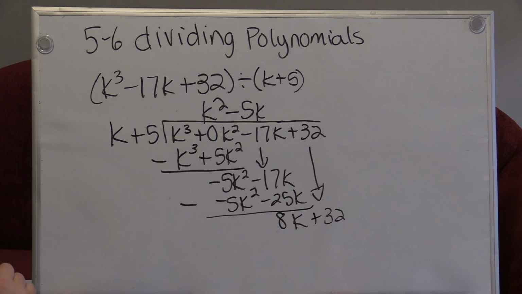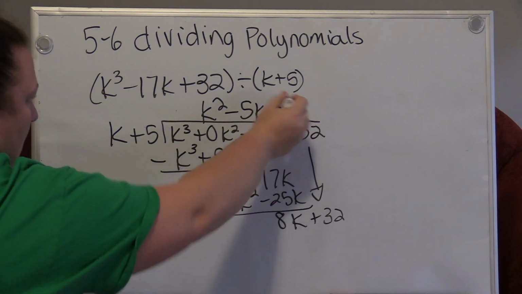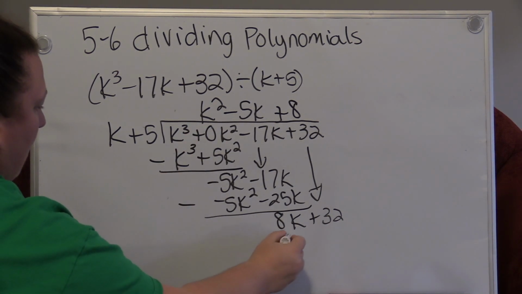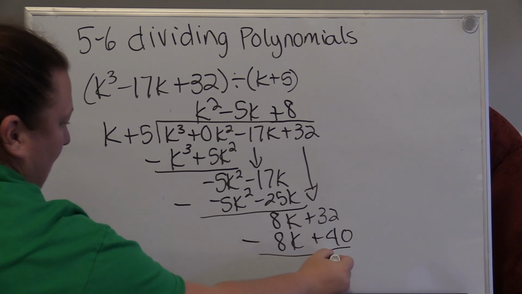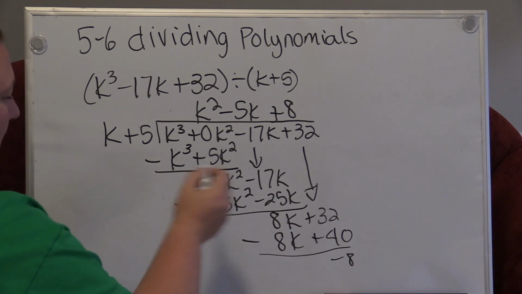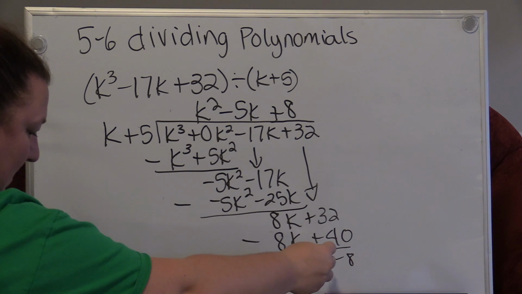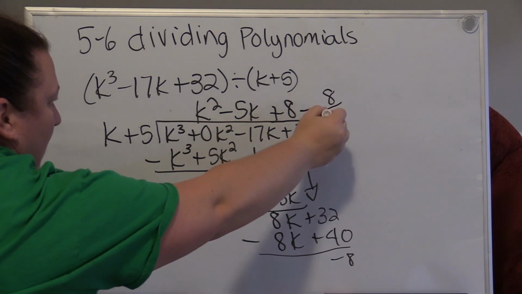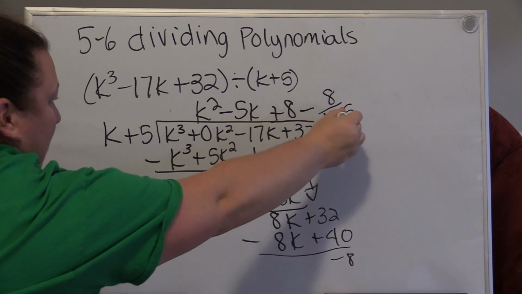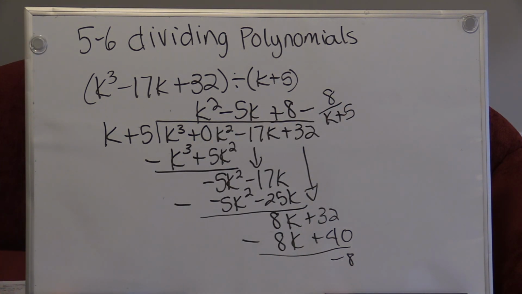And then I have k times what is 8k? 8. And I get 8k plus 40. And when I subtract, I get negative 8. Remember, it's negative. So my minus goes up here. And I get 8 over k plus 5. So we have completely done long division using divide, multiply, subtract, bring down.